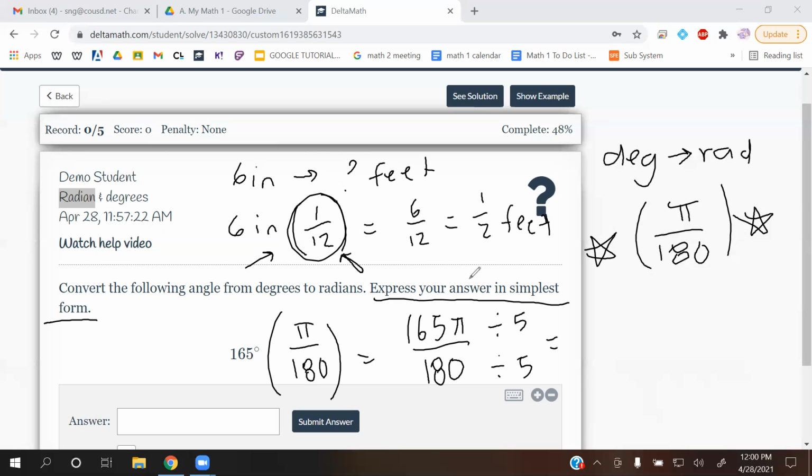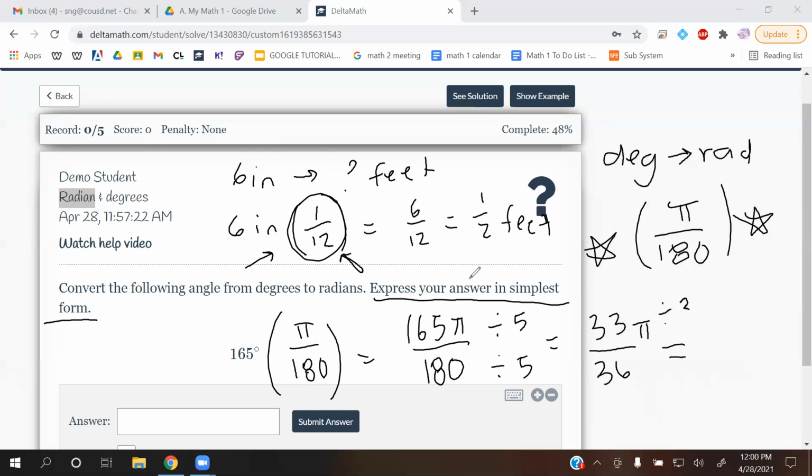So just on my phone's calculator, 165 divided by 5 gives me 33. And then 180 divided by 5 gives me 36. Oh, and then there was a pi there, so don't forget the pi. I almost forgot it, but don't forget it. We can simplify this further. From here, I can see that both the top and bottom can be divided by 3.